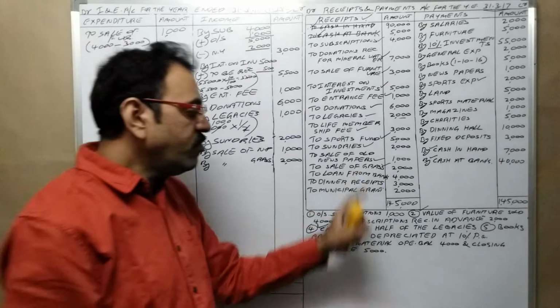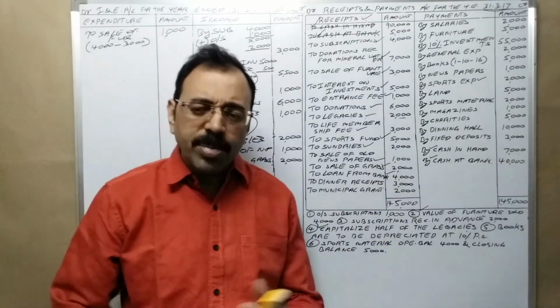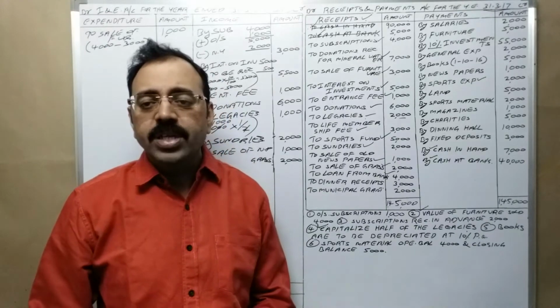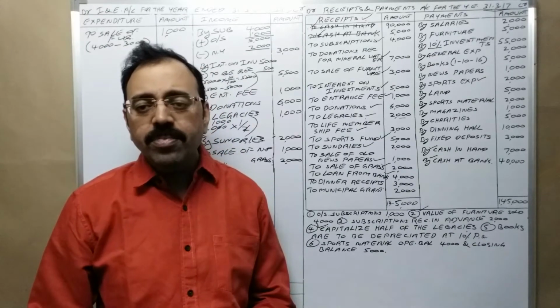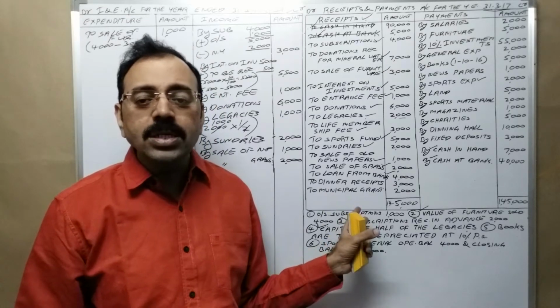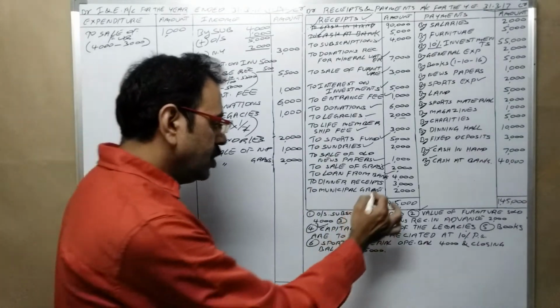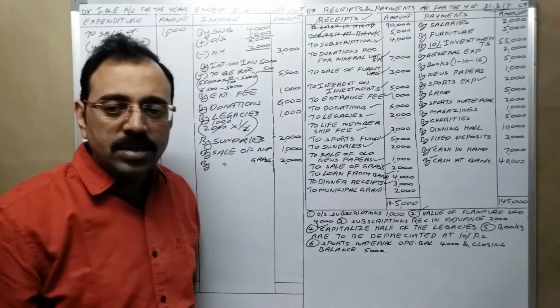Next, loan from bank. Do we take loans repeatedly? No. It is only for one time, capital income, so ignore here. Where does it appear? Balance sheet liability side. Then next one, dinner receipts.